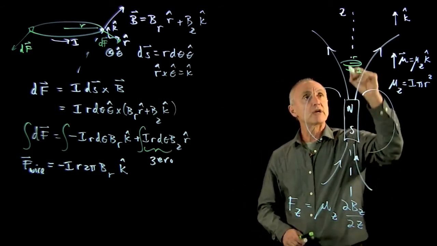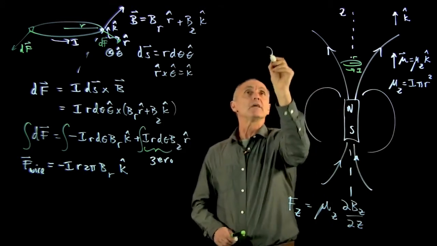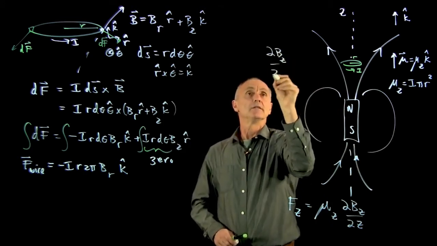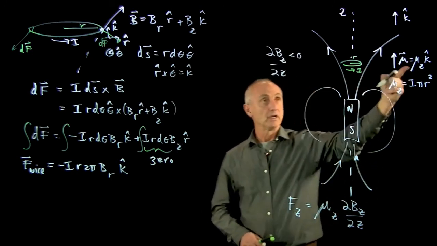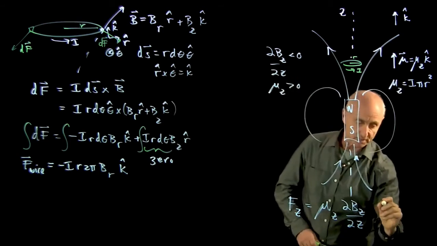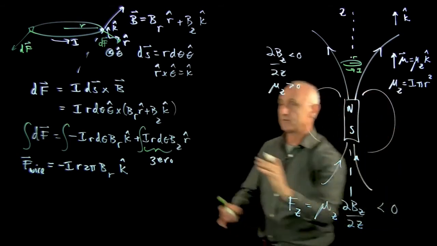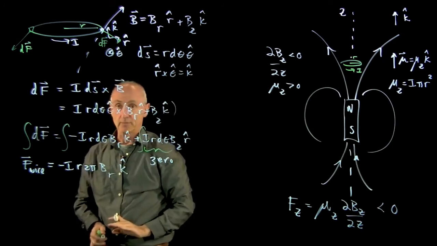When you look in the z direction for this magnet, in this particular case, dBz/dz is negative, and our dipole mu z is positive, and so we'd expect this component to be negative, and we see that agrees with our calculation here.